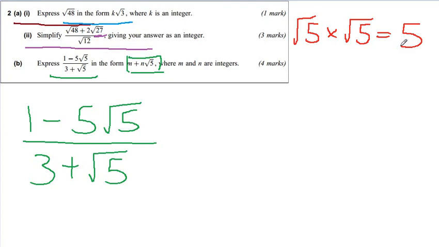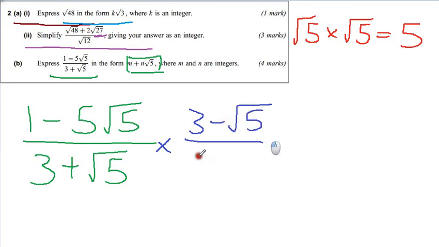So you would expect to times it by, let's say, root 5 over 5. But there's a neater way of doing it. What we can do, and you'll see why this works in a minute, is we can times it by 3 minus root 5 over 3 minus root 5.